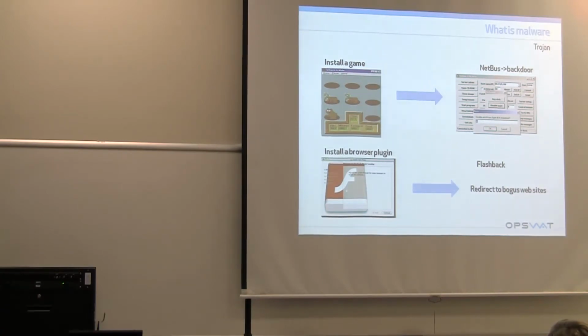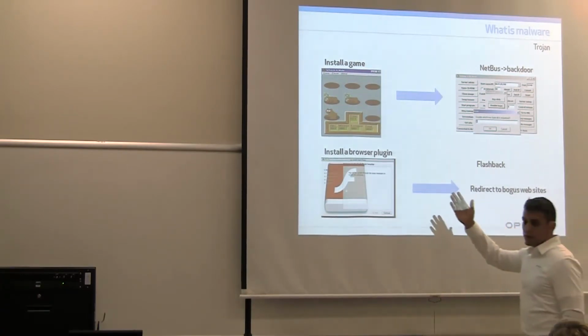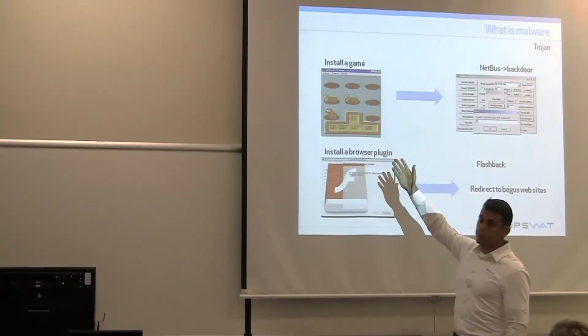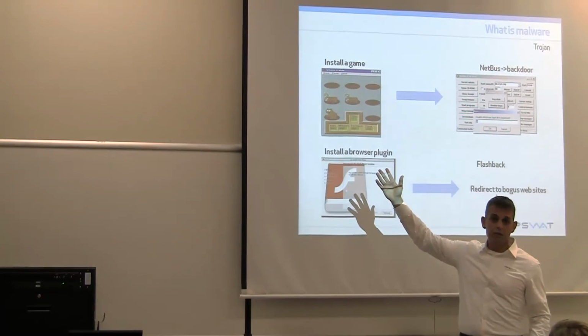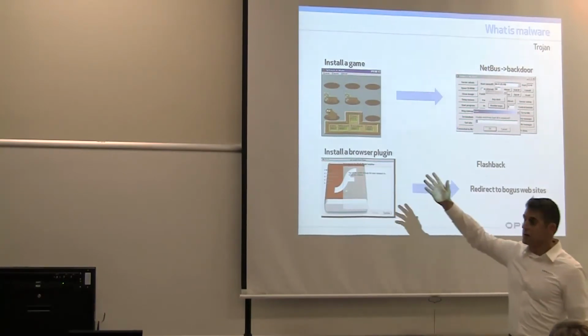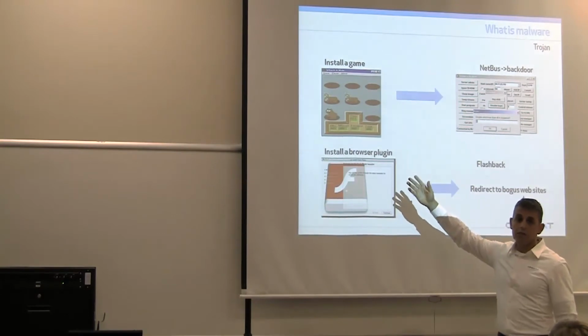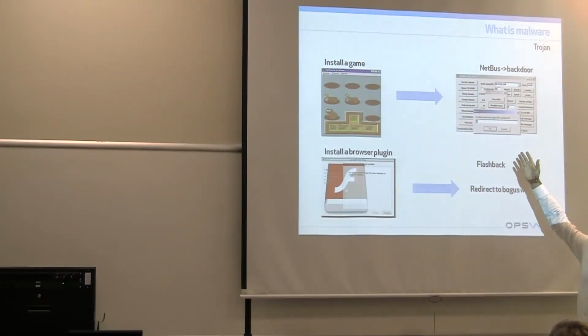You install a game, say Whack-a-Mole, and you want to play the game. However, the game also installs a backdoor on the system. Using the backdoor, you can pretty much completely manage a remote system.